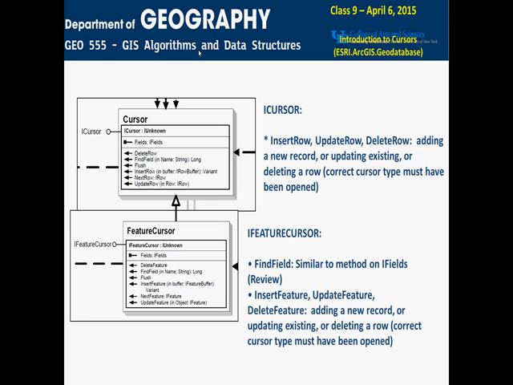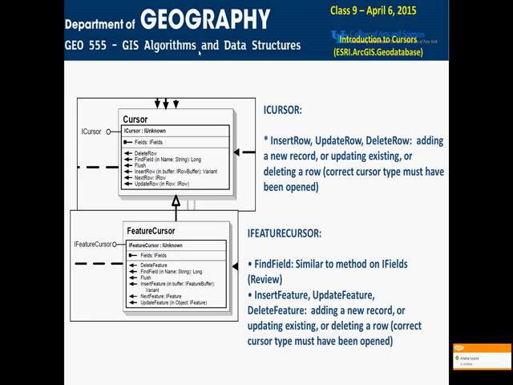These three methods all involve changing a database somehow, but select is another option where you're just looking at the data. iFeatureCursor has the same options, but instead of row, the method's named feature: delete feature, insert feature and update feature, and they mean the same thing. So insert feature would insert a new GIS point, delete feature would remove an existing point, and update would change the attributes.